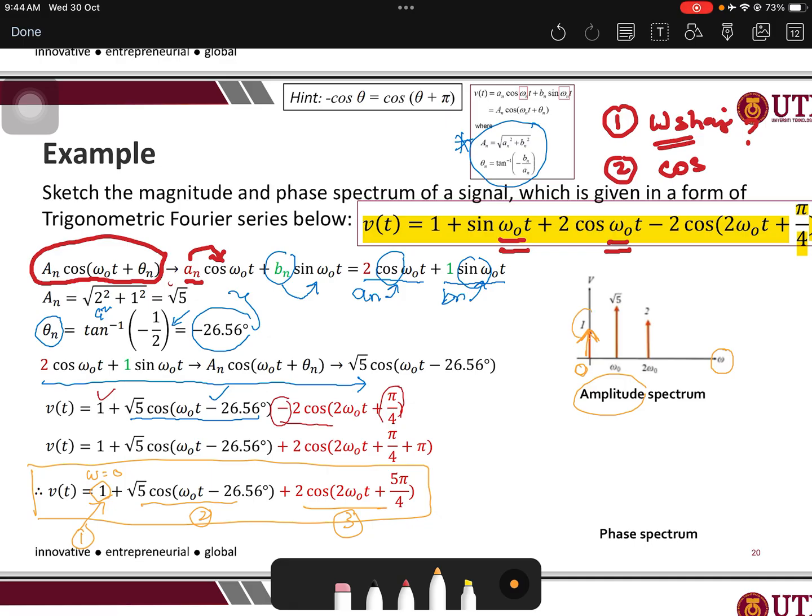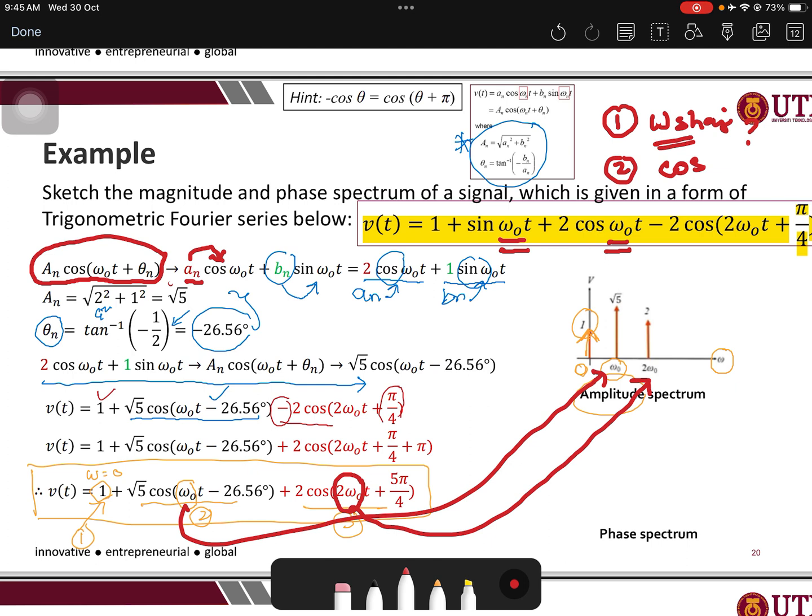The amplitude is 1, so it becomes 1. For the second component, your angular frequency is omega naught, so in the amplitude spectrum it becomes omega naught. And for the third component, it becomes 2 omega naught, the third angular frequency.